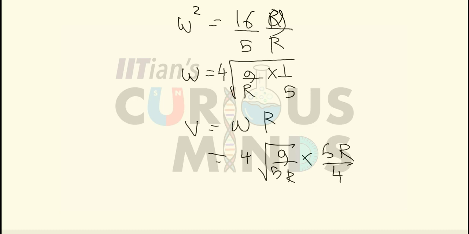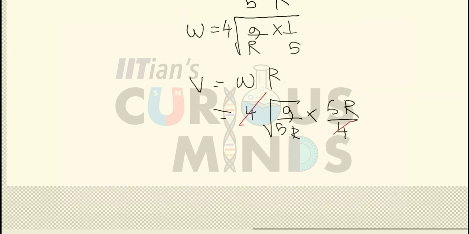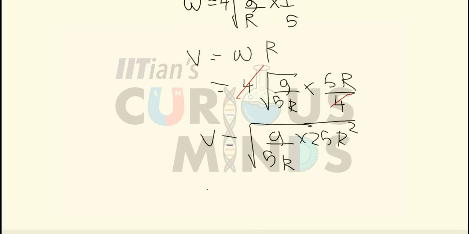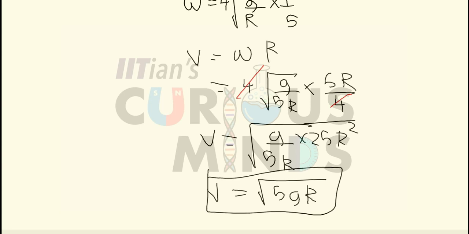So 4 and 4 will cancel out. When I take 5r inside the root, it will be the root of g by 5r into 25r². So when I simplify this, v over here will be equal to root 5gr. This is the velocity of the particle at the lowermost position.